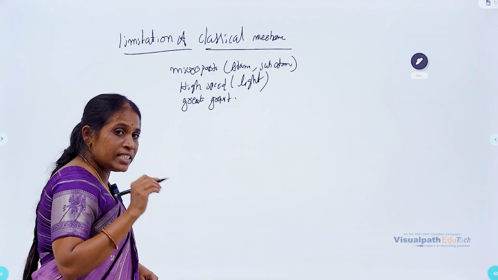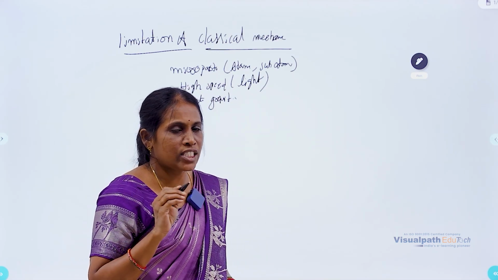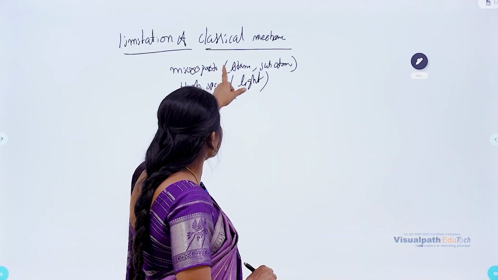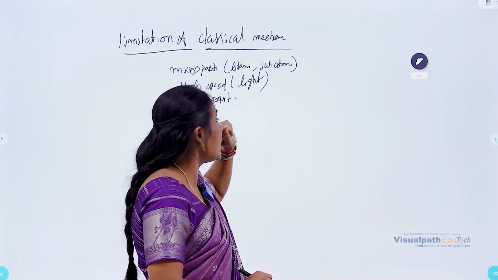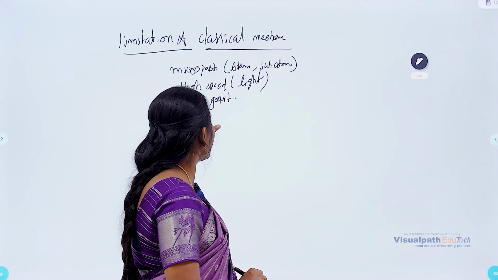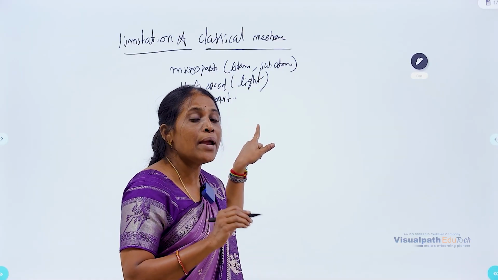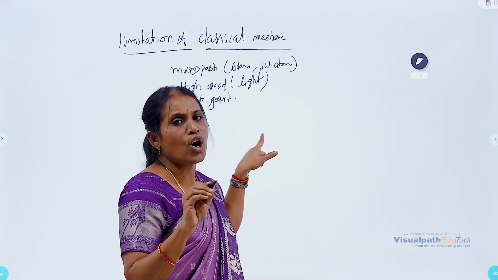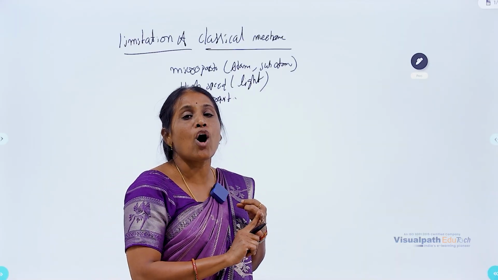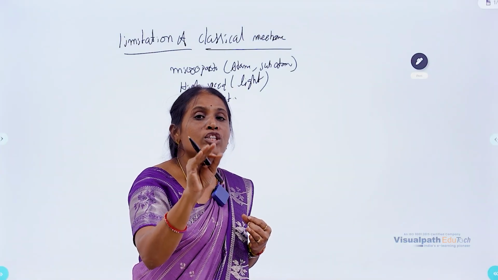In daily objects it is explained vastly, but it fails in atomic and subatomic particles, high speed like light particles, and high gravitational levels. It is unable to explain the phenomena of black body radiation, the photoelectric effect, and why atoms are stable.